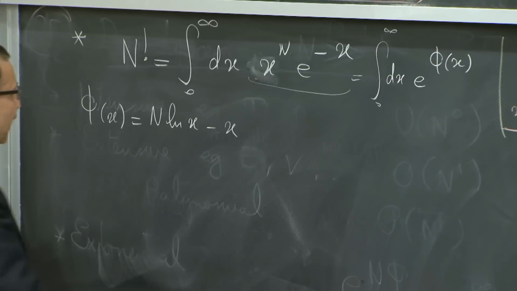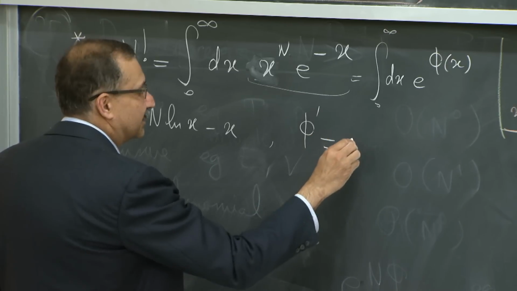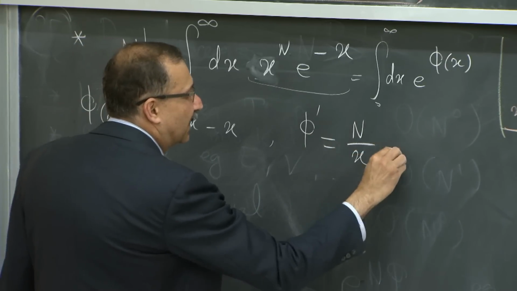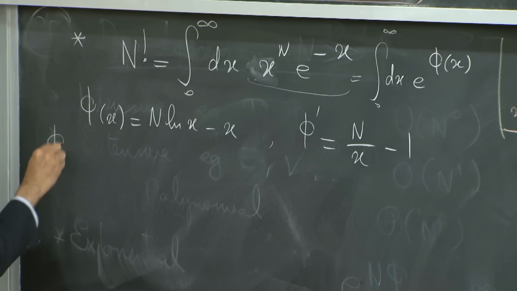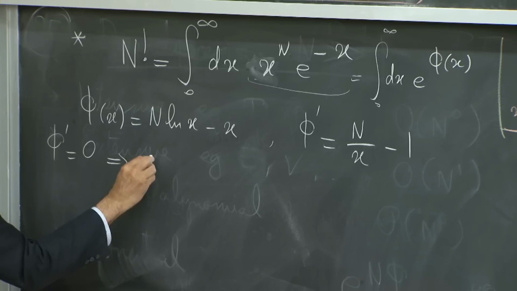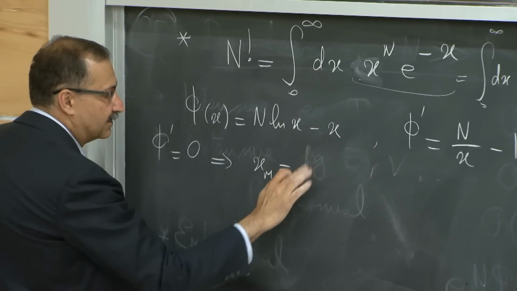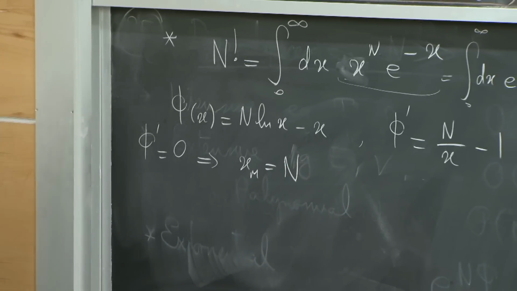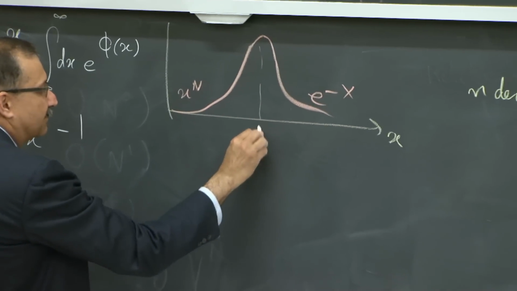And then I will follow that procedure despite this not being quite entirely proportional to n. I will find its maximum by setting phi prime to 0. Phi prime is n over x minus 1. So clearly, setting phi prime to 0 will give me that x max is n. So the location of this maximum is in fact n.